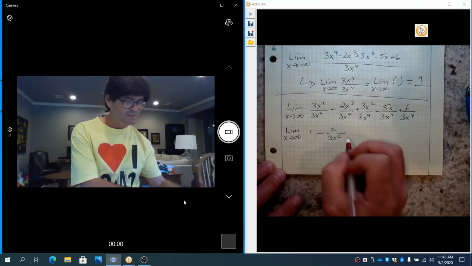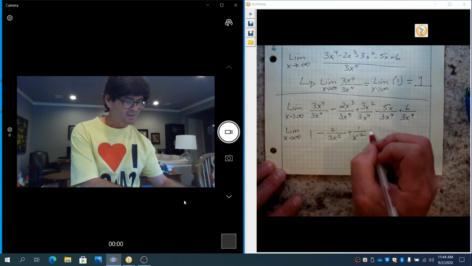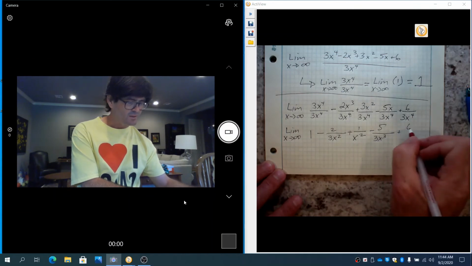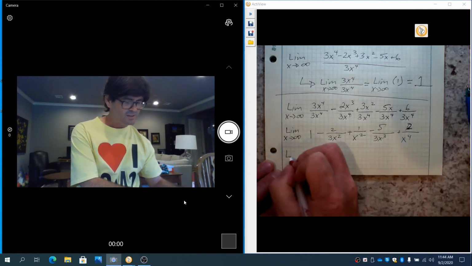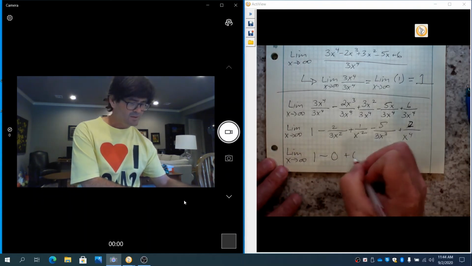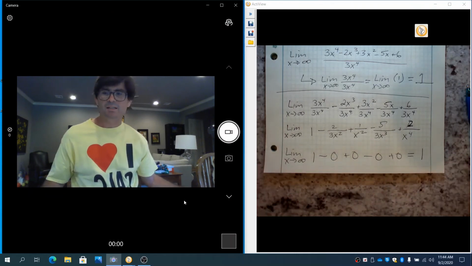If you simplify the x's, same thing here. 3's cancel out. You have 1 over x squared. One of these x's cancels out, so you have 5 over 3x cubed. And then this, I guess, can simplify to 2 over x to the fourth. And so when you let x go to infinity, you just have 1 minus 0 plus 0 minus 0 plus 0. Obviously, that just comes out to be 1.